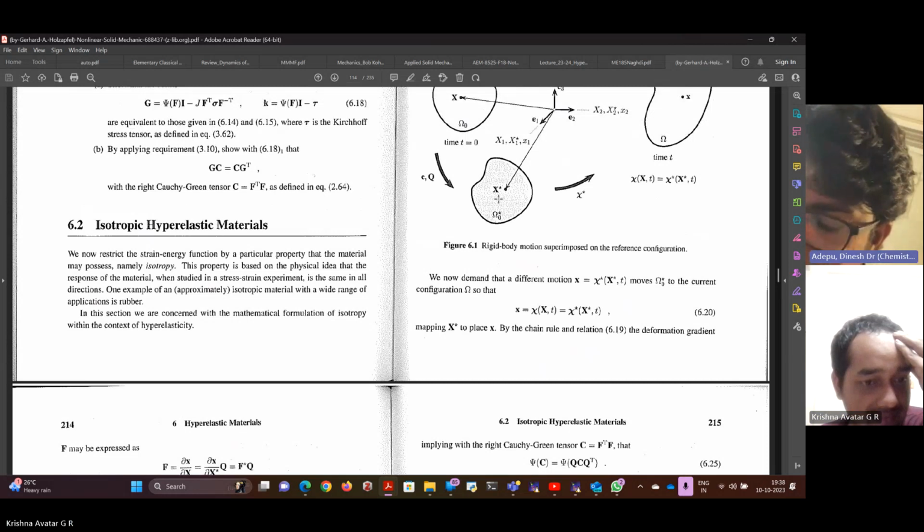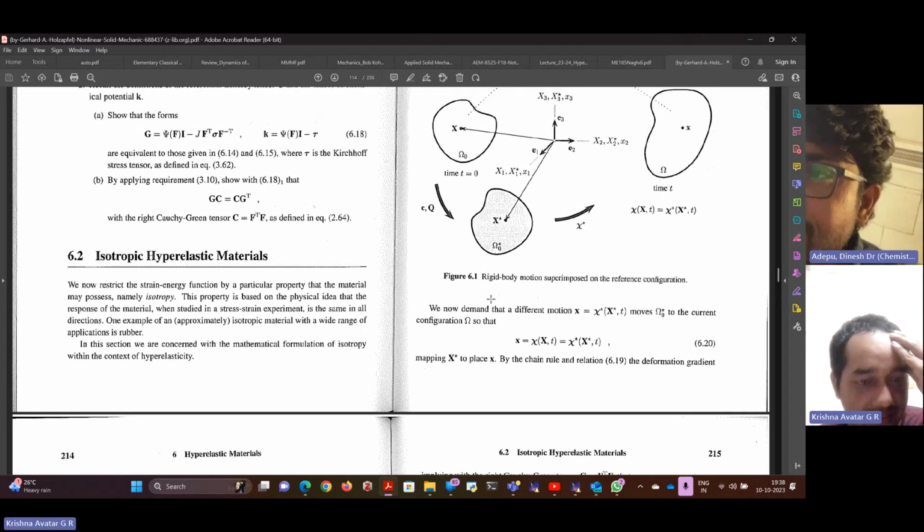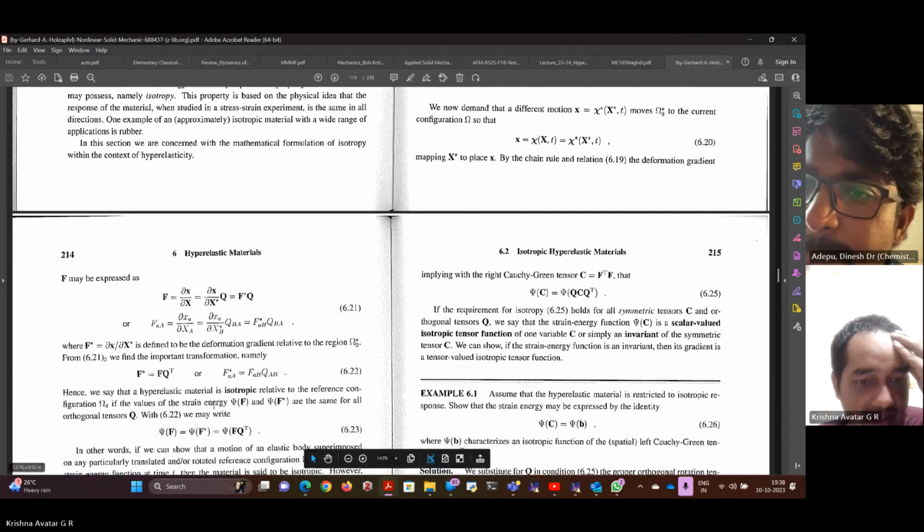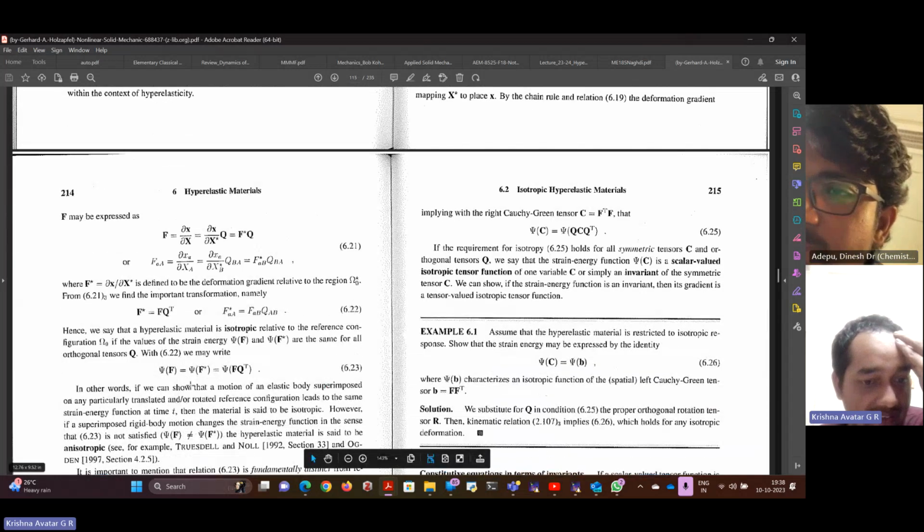Both energies should be the same, and that's what we call isotropy, if we can show that.